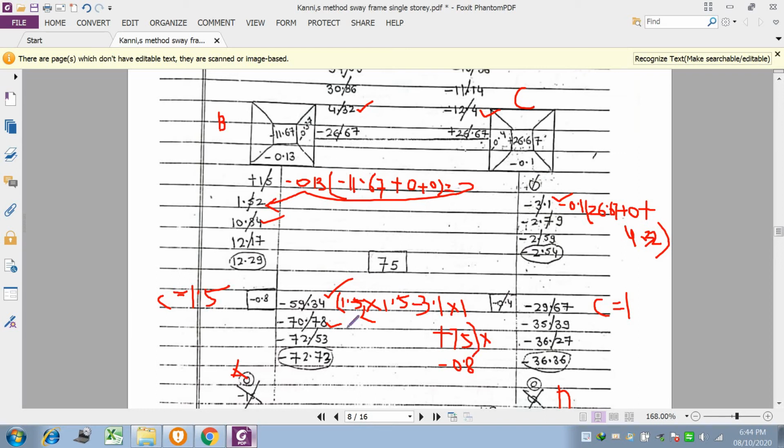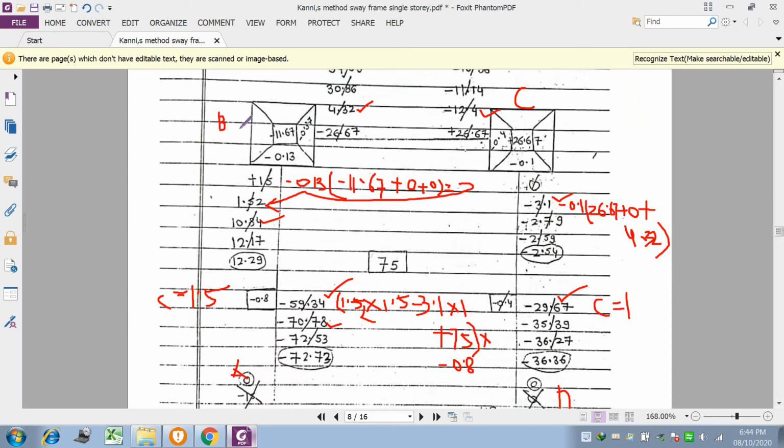So you will get directly the answer as minus 29.67. So we have done iteration number 1. Now let us see how iteration number 2 will come.